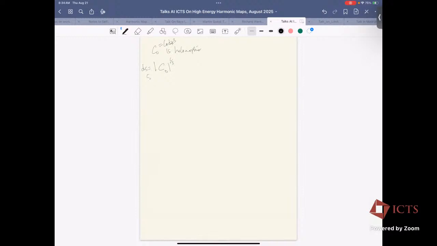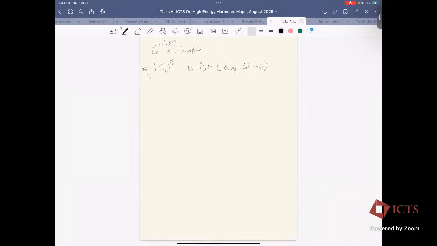Well, away from the zeros, it's flat. If you compute the curvature of this, so how would I do that? I would do the Laplacian of log of C0, and then I'd do something. But C0 is holomorphic, so log of the absolute value of C0 is harmonic. So this is 0.